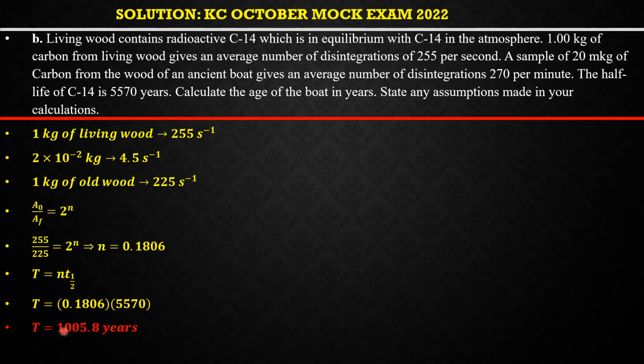So the age of the wood, because this capital T is basically the total time taken for that particular radioactive decay, or for the activity to drop from this activity to this activity. All right, so that's what T represents. So that gives us about 1005.8 years, which of course, respecting the number of significant figures in physics, is about 1000 years. So our mark allocation here is basically 3 marks for this question, and that's it.